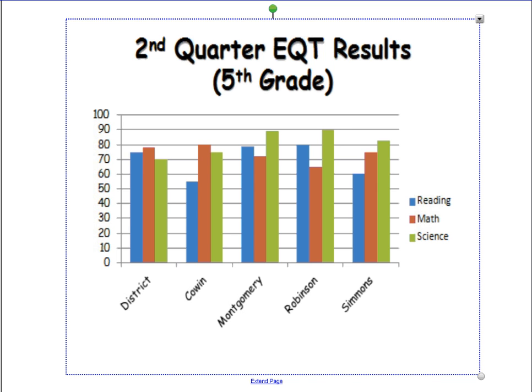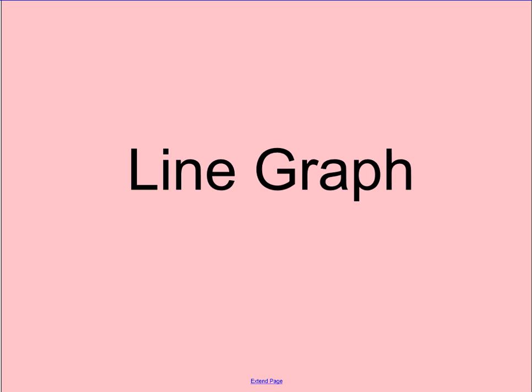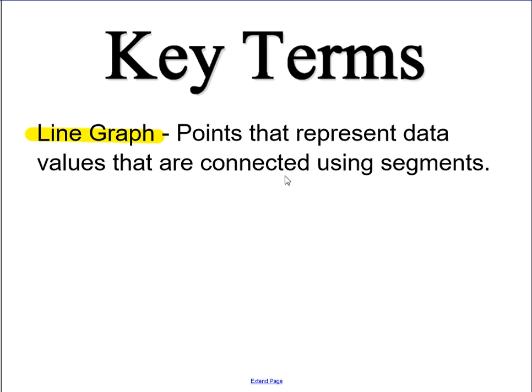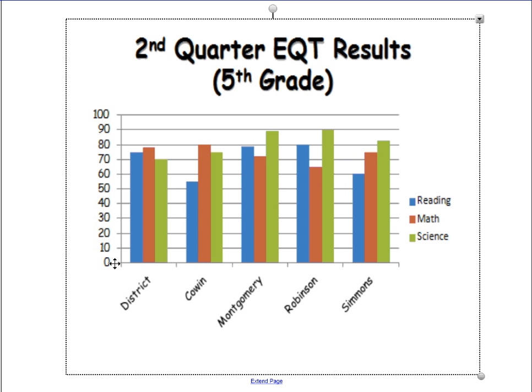All right, the last type of graph we're going to be reviewing is our line graphs. A line graph is basically displayed as points that represent data values that are connected using segments. This is done very similar to how the bar graph looked, with the 2 different axes.